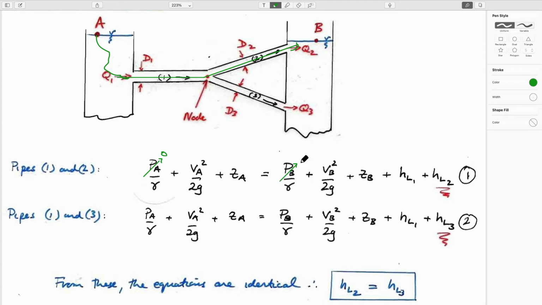Pressure in the downstream tank is lower. The elevations would be different, so these two terms would exist. It would be delta Z. Big tank approximation, zero. Big tank approximation, zero. And then you have the head loss in this pipe here, and then the head loss in this pipe here. So we can define it.